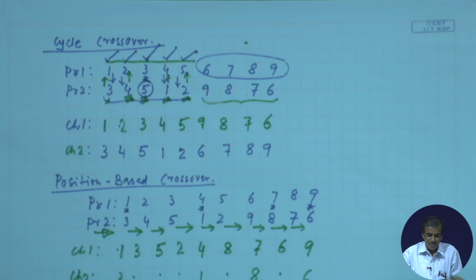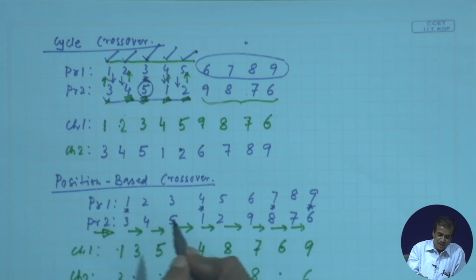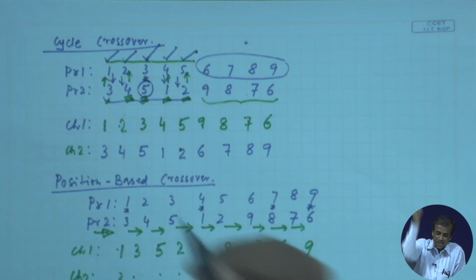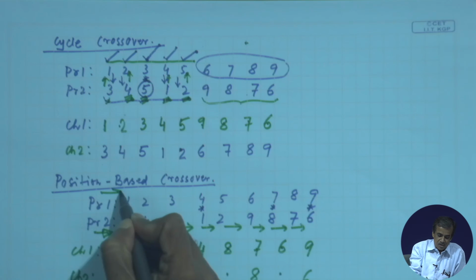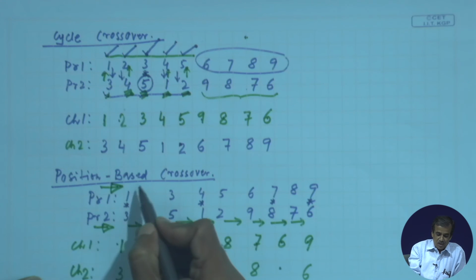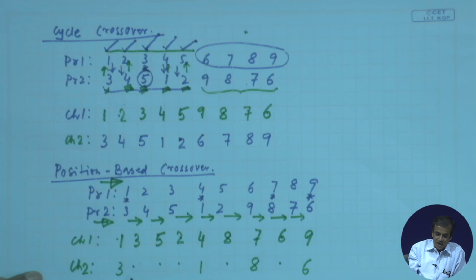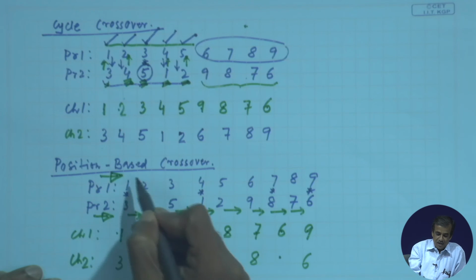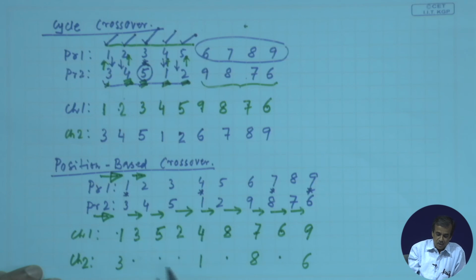How to select? You start your search from parent 1. The first, 1, has been selected. Next, 2 is not selected, so you can take 2 here. Next, 3 is already selected. Next is 4, you can select 4 here.